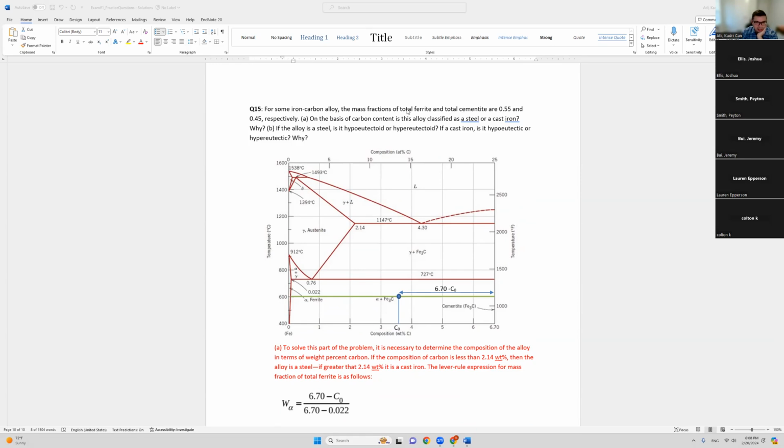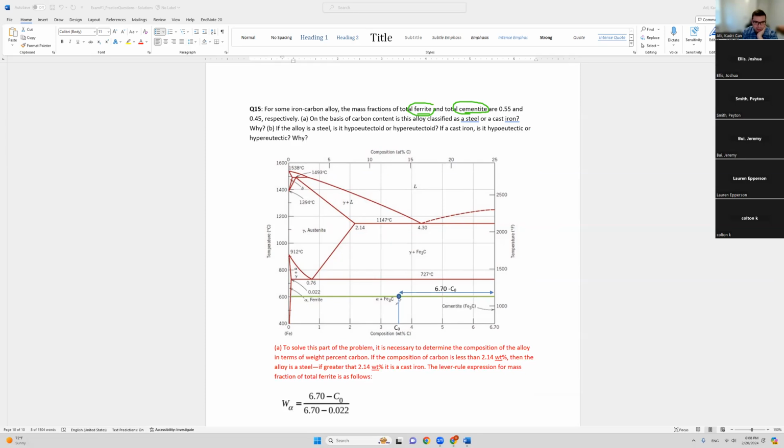So we are given the mass fractions or weight fractions of total ferrite and cementite. We are not given anything about the composition of the alloy. Pay attention, we are given total ferrite and cementite. So wherever I am, at whatever temperature and composition, I have ferrite and cementite.